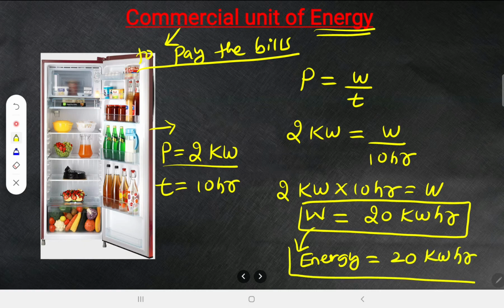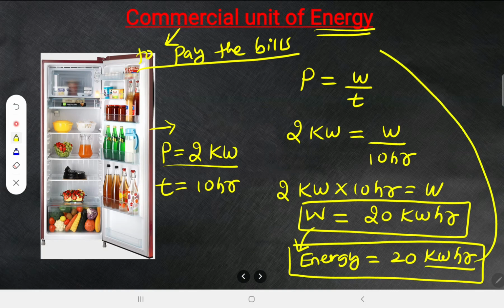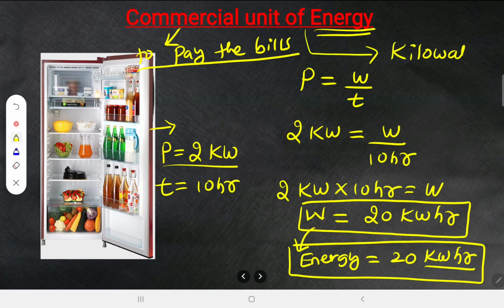This kilowatt hour is a unit of energy only, but what kind of unit is it? It is a commercial unit. So what is the commercial unit of energy? The commercial unit of energy is kilowatt hour, very very important, and the shortcut is kWhr. kW stands for kilowatt, hr stands for hour.